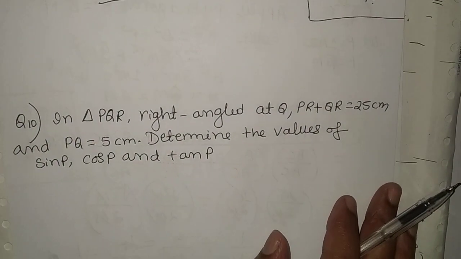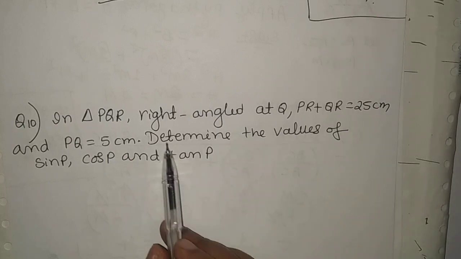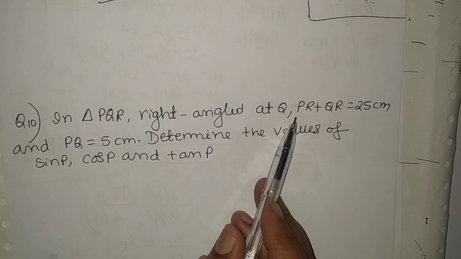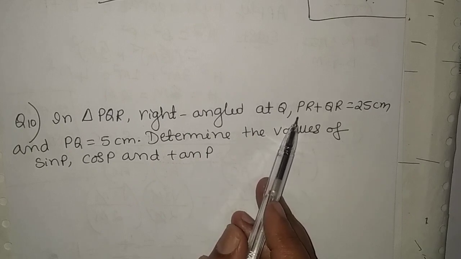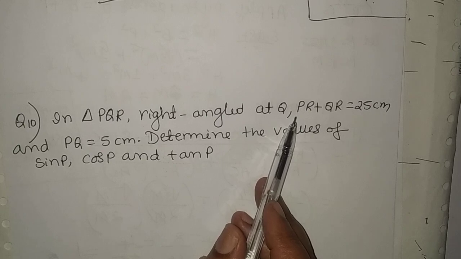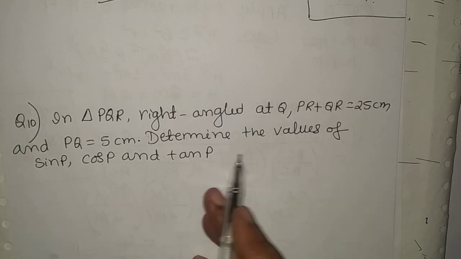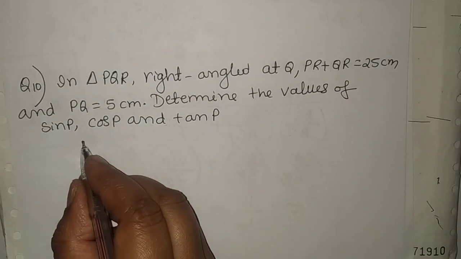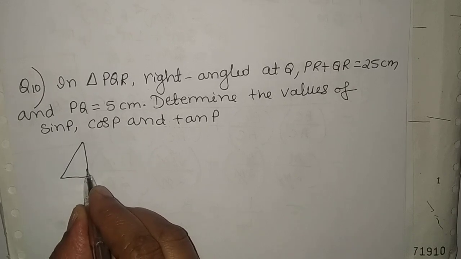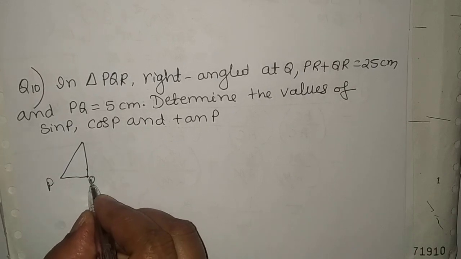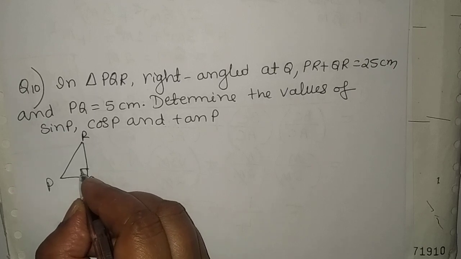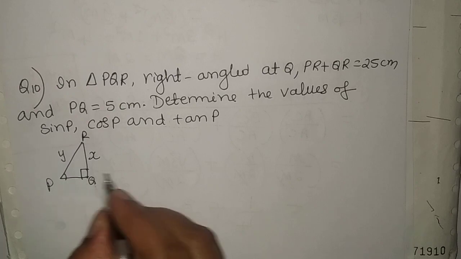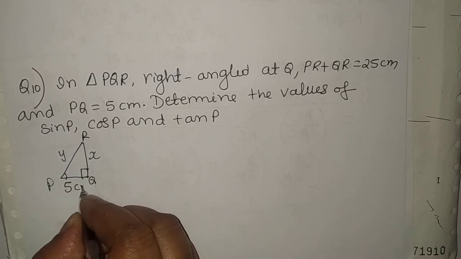So now we move on to question 10. What is question 10? In the triangle PQR, right angled at Q, PR plus QR is equal to 25 centimeters and PQ is 5 centimeters. Determine the values of sin P, cos P and tan P. So what is the given data? They have given a right angled triangle PQR, right angled at Q, and PQ they have given as 5 centimeters.